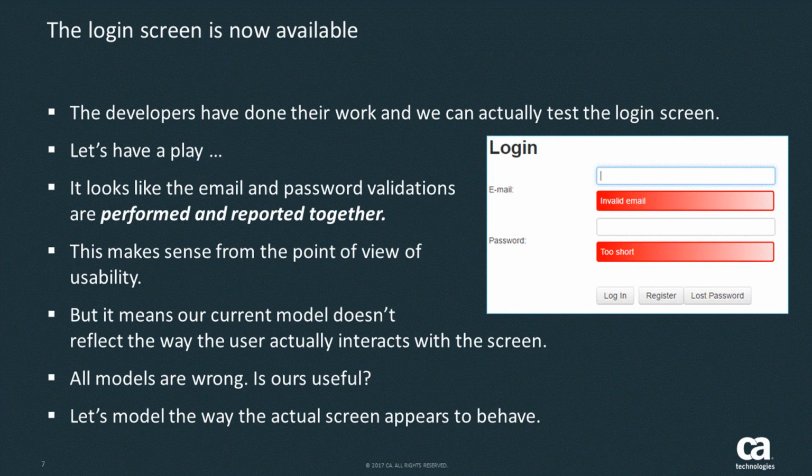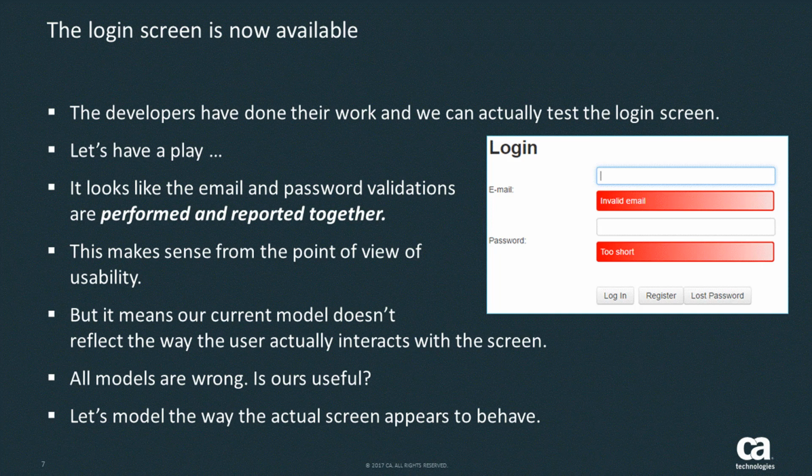But we have a slight challenge, because now the screen's arrived, it might change our thinking. Let's look at the actual screen in use, and I'm just going to show you a graphic of what happens when you click the login button without entering an email address or a password, and you get both error messages.